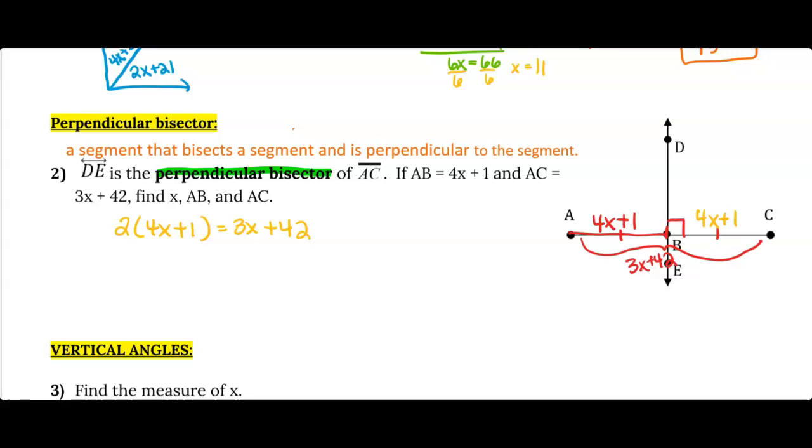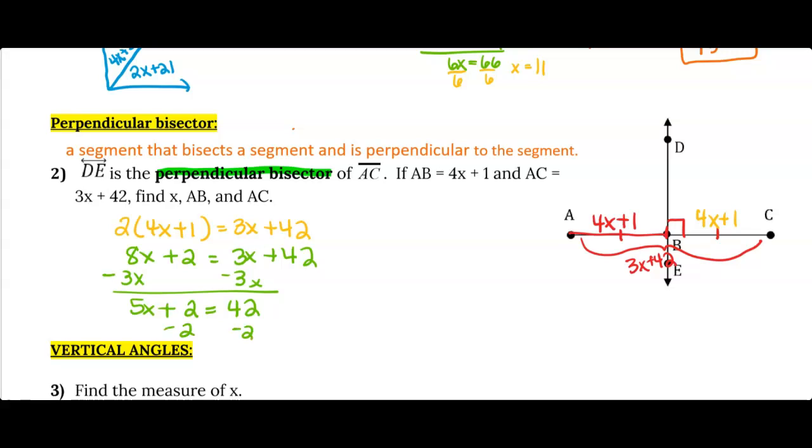We could then distribute, so we get 8x plus 2 is equal to 3x plus 42. We would then subtract the 3x, so we get 5x plus 2 equals 42. Subtracting the 2, we get 5x is equal to 40. Divide by 5, so we get that x is equal to 8.